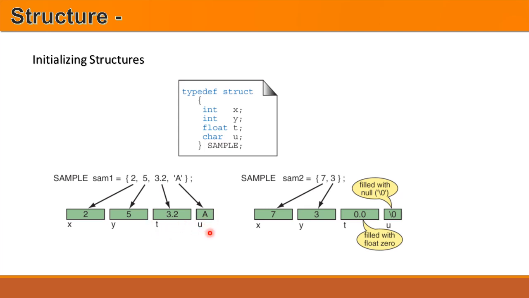If we have not defined the values for any member, then that will be initialized with its default values, like 0.0 for t, as it is a float value, and u is a character value, so it will be filled by the null value \0. If we are assigning only two values, then they will be assigned to the first two members, that is x and y.